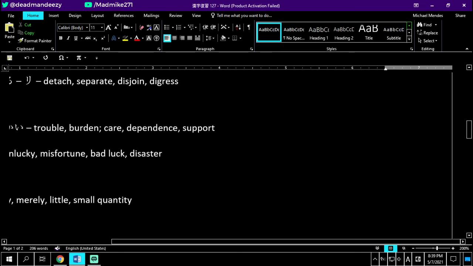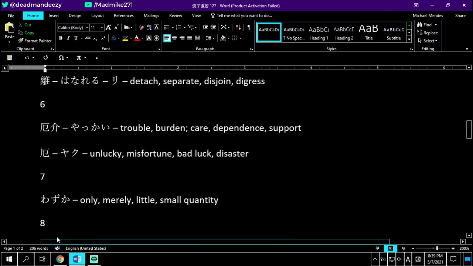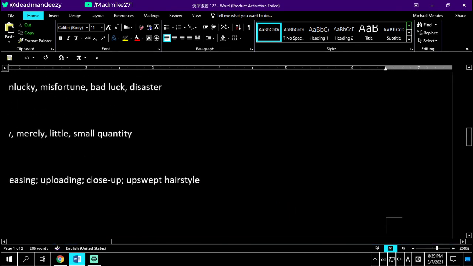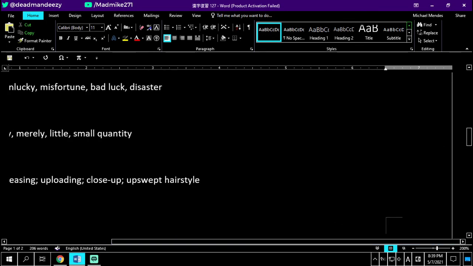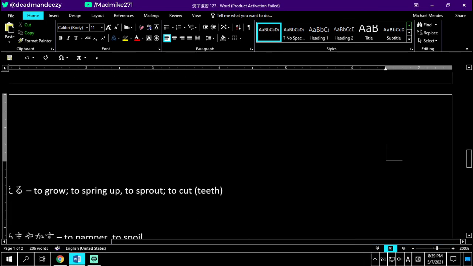Merely, little, small quantity is wazuka. Wazuka. Next is up. In almost any way that up is used in America, time is up. Upswept hairstyle, close up, and uploading of something. Increasing.